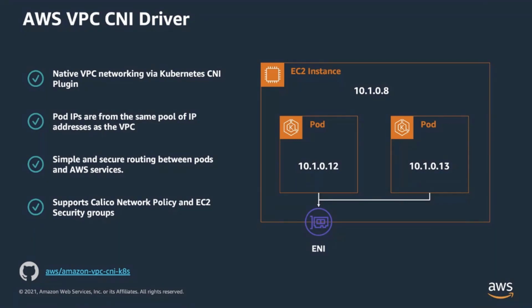For EKS, AWS has developed a VPC native plugin called the Amazon VPC CNI, and it makes pods first-class citizens inside the VPC. There is no overlay network. What that means is that all traffic flows between nodes directly on the VPC network, and you can leverage all the VPC features and functions just like any other traffic.